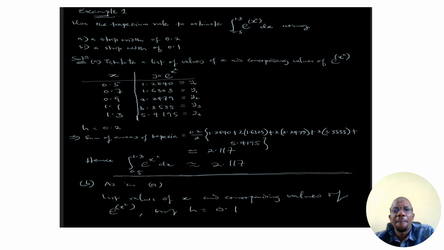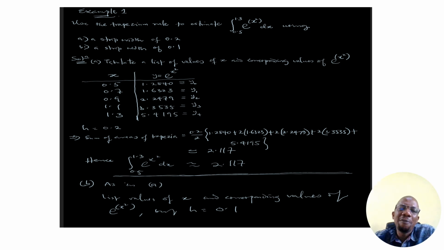Firstly, we tabulate. We are given the upper and lower limits of the integration and the strip width. For the first one, strip width of 0.2, we list under the column of x from 0.5 to 1.3 with a width h of 0.2: 0.5, 0.7, 0.9, 1.1, 1.3.